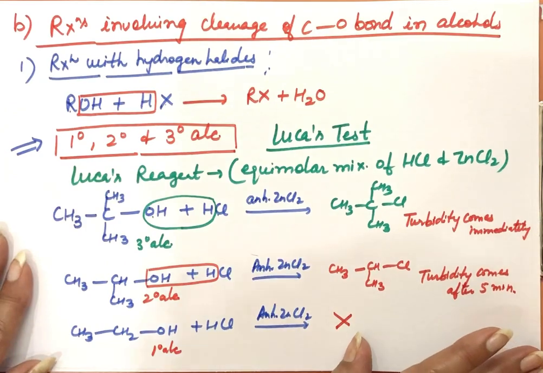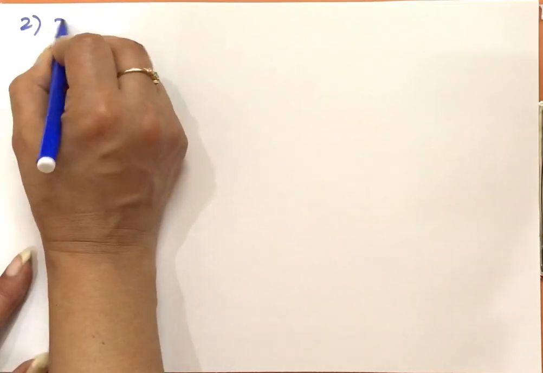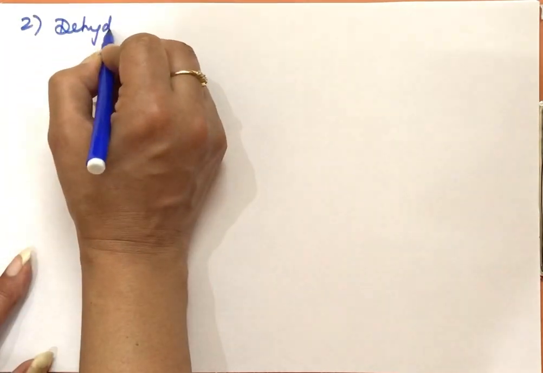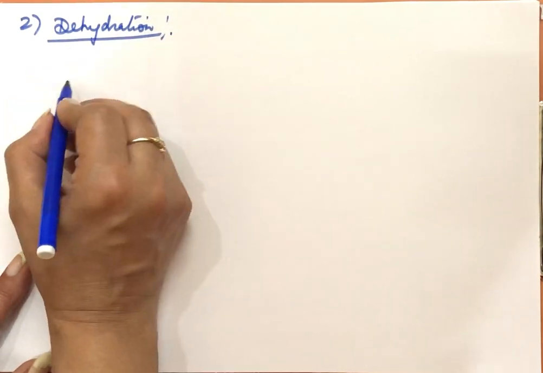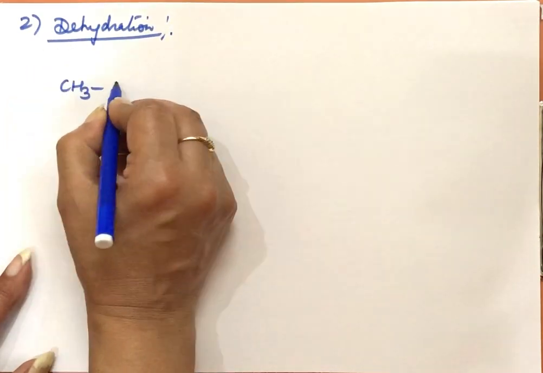So after the reaction with hydrogen halides, the next reaction is the dehydration reaction. Alcohols undergo dehydration.